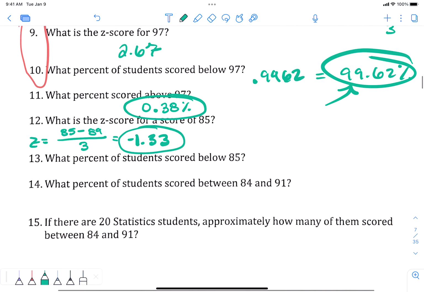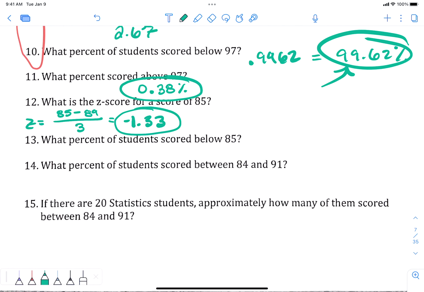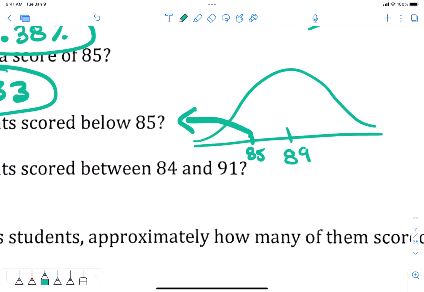Okay. What percent of students scored below an 85? How do you find it? Trying to find it on the chart. 89 is the average. 85 would be here. I always like to look at it on a bell curve. We're trying to find how many are below that. What do I know that number is going to be? Less than half, less than 50%, right? Looking at the bell curve, less than half.